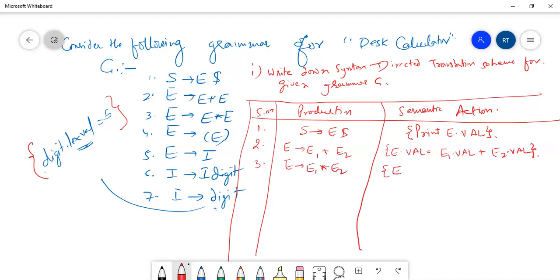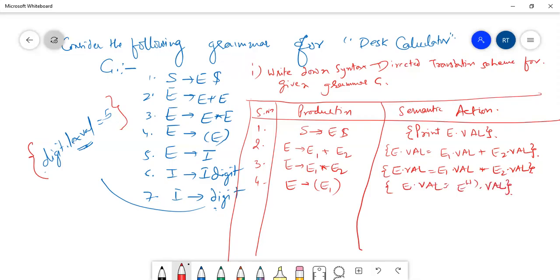So what is my semantic action? E dot val equals E1 dot val star E2 dot val. Fourth is E tends to E1. The semantic action is E dot val, just a copy of E1 dot val.